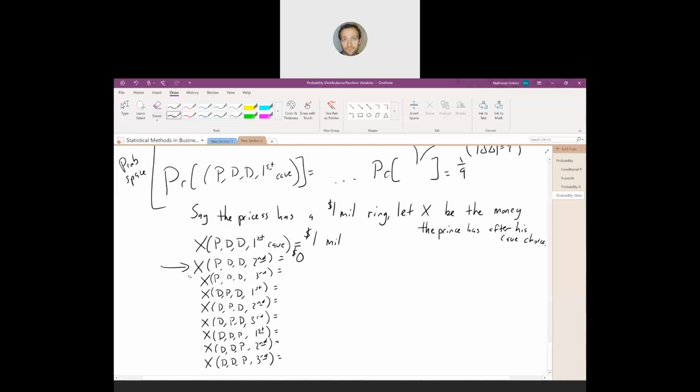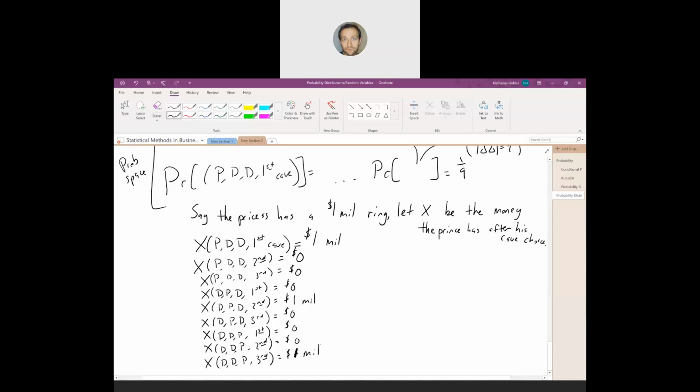How about the third one? 0 as well. And the fourth? 0. And then he'd have $1 million in the next one. 0 again. And then 0, 0, and then $1 million. Great.